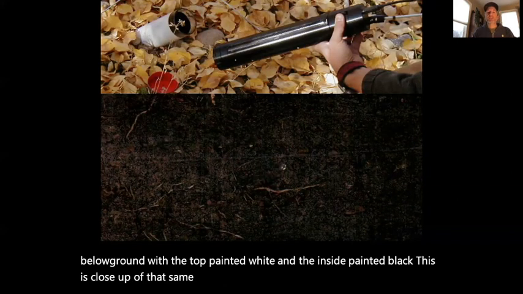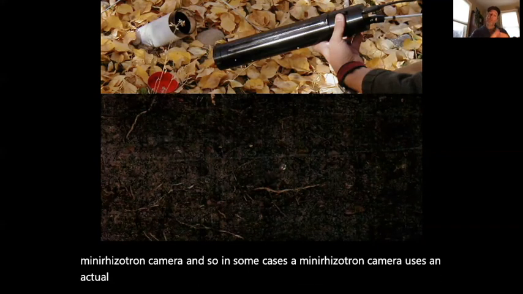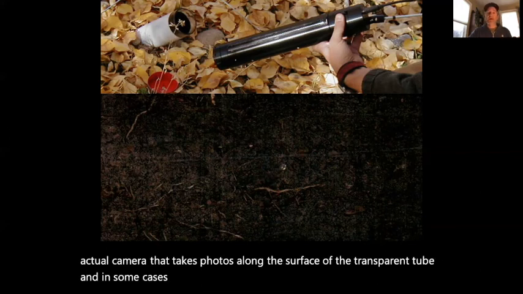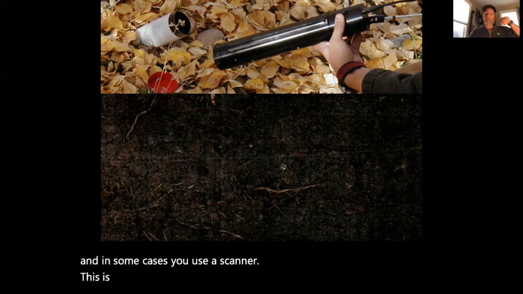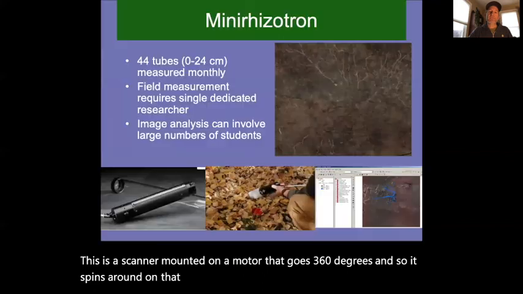And in this case, there's a scanner-based mini Rhizotron camera. So in some cases, a mini Rhizotron camera uses an actual camera that takes photos along the surface of the transparent tube. And in some cases, you use a scanner. This is a scanner mounted on a motor that goes 360 degrees, and so it spins around on that motor, taking an image below ground.